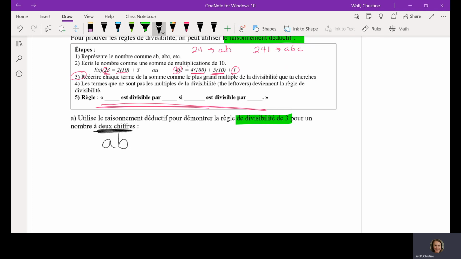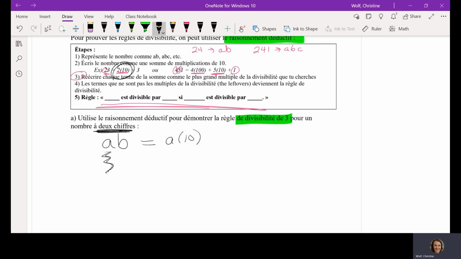Étape numéro 2. Écris ça comme une somme de multiples de 10. So, je sais que le premier nombre sera A fois 10, just like we did here. We took the first digit, which is 2, which is actually 20, and times it by 10. Même chose ici.